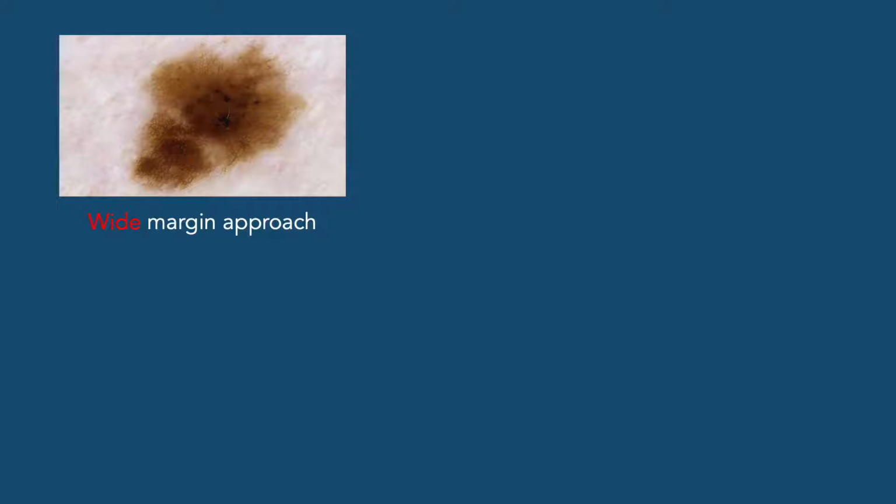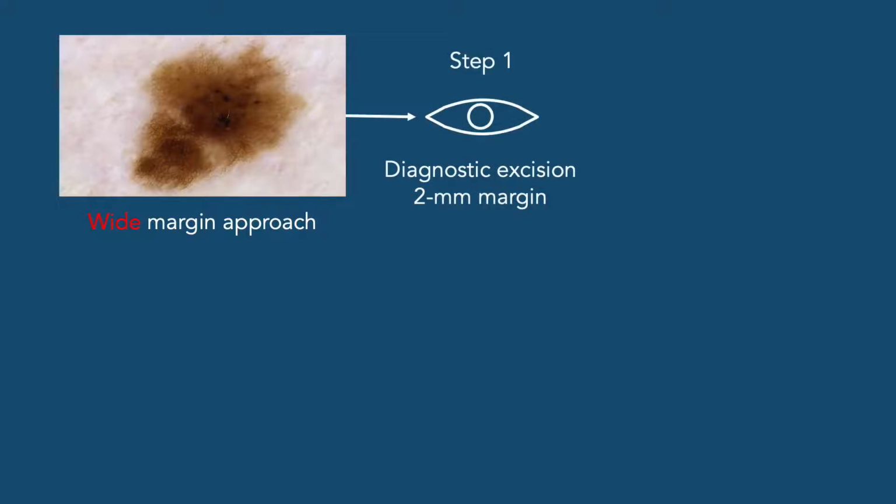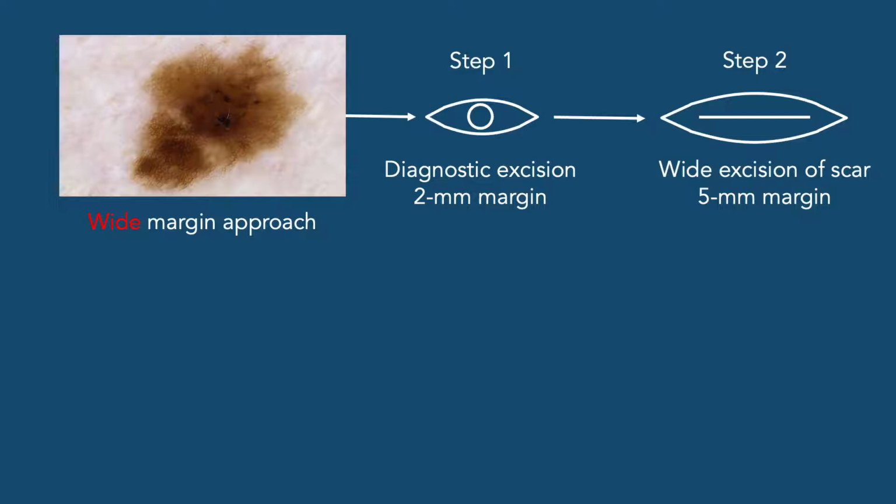We have a lesion such as this one, where we can clearly see that this is not an invasive melanoma, but it is an atypical melanocytic lesion in which we may suspect a melanoma in situ in the worst case scenario. Still, we do a diagnostic excision with a 2 millimeter margin. We confirm that it was a melanoma in situ, and then we have to do a wide excision of the scar with a 5 millimeter margin.